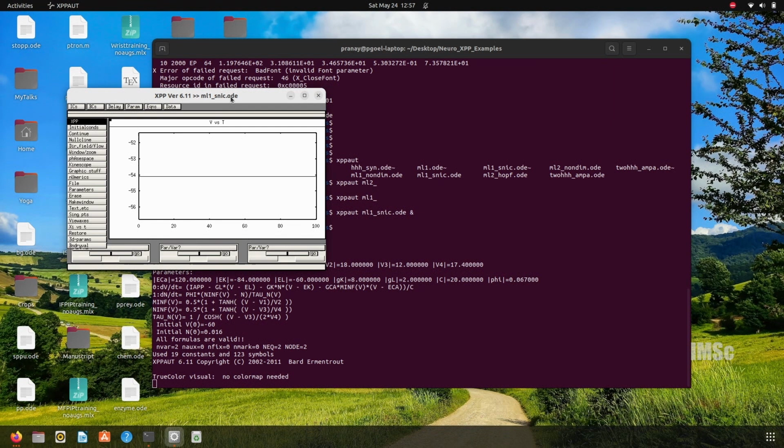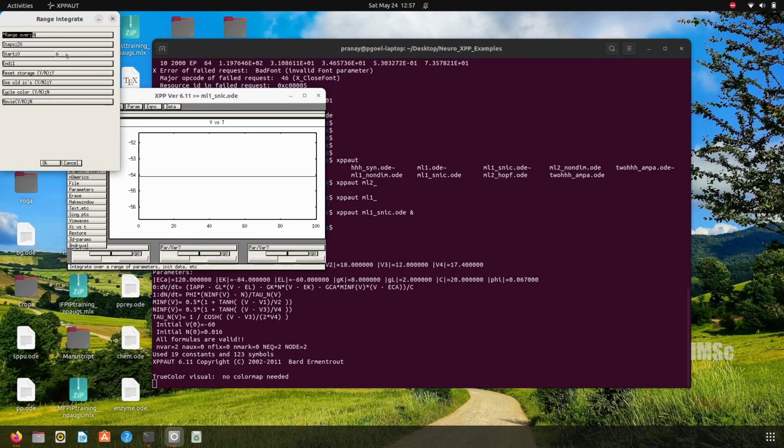So I'll do this thing called initial condition and range, and I'm going to take IAP. I'm going to step it in 20 steps from, did you say minus 15, or 15 to 45? 15 to 40. Okay, let's go over that. 15 to 40. Let's get started.